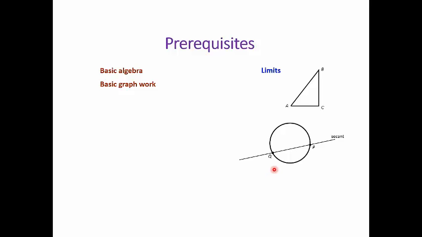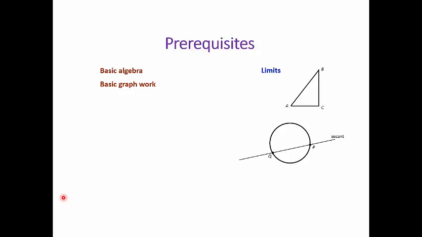And you can imagine here that Q may move around the circle towards P, and the secant changes because of that. And you can see that as Q approaches P and merges into P, the secant becomes the tangent at P. Okay, you can demonstrate that quite easily, but it's fairly obvious to most people.